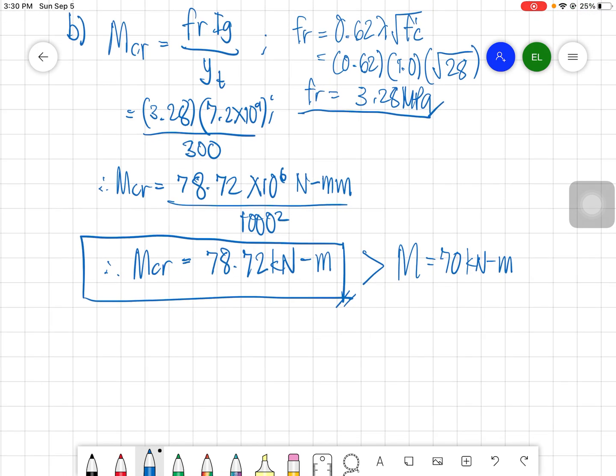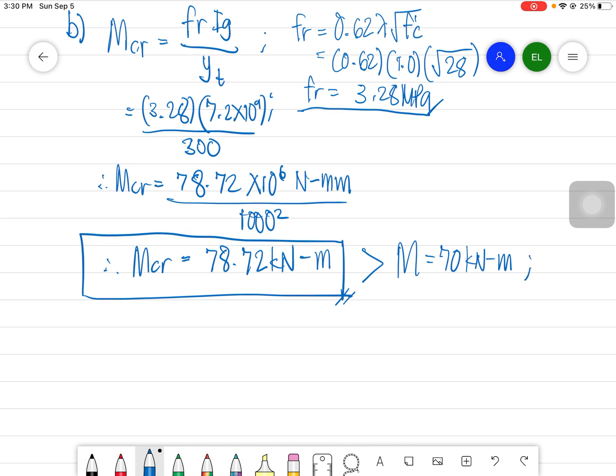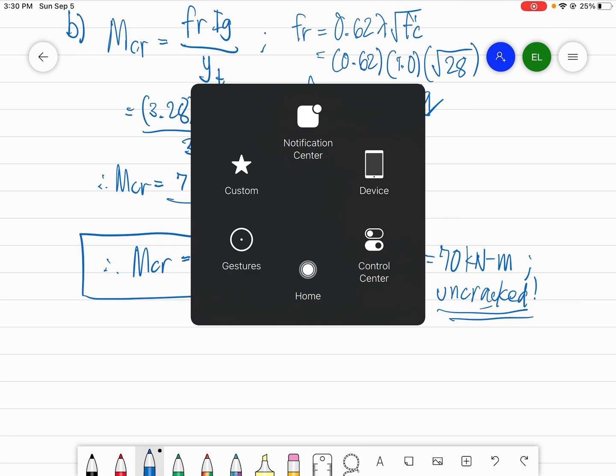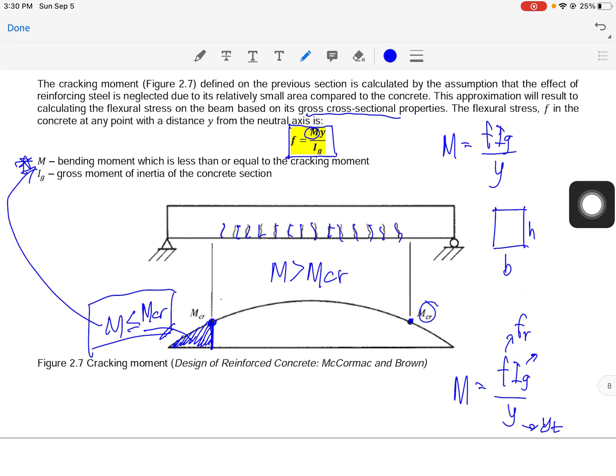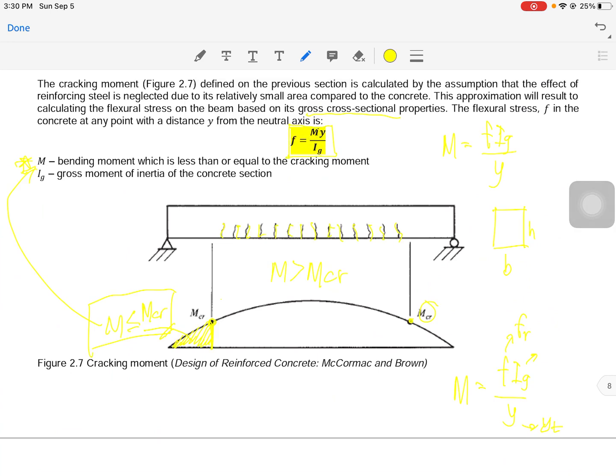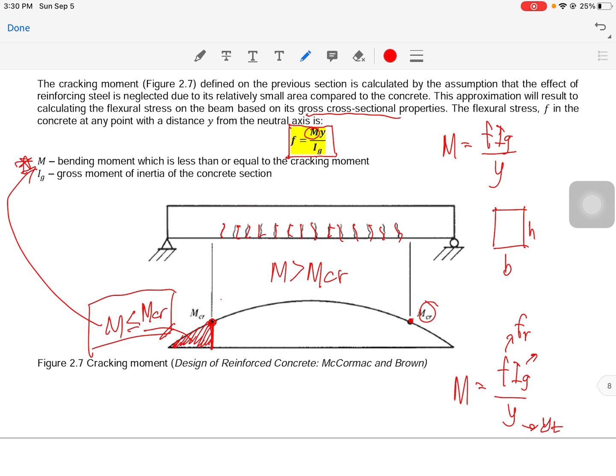So therefore we prove that this is really a beam that is uncracked, because as we notice here, if this is your Mcr, which is 78.72, then the given moment is 70 kilonewton meter.